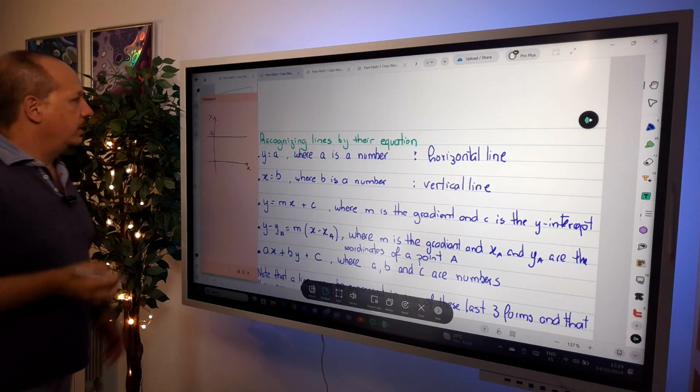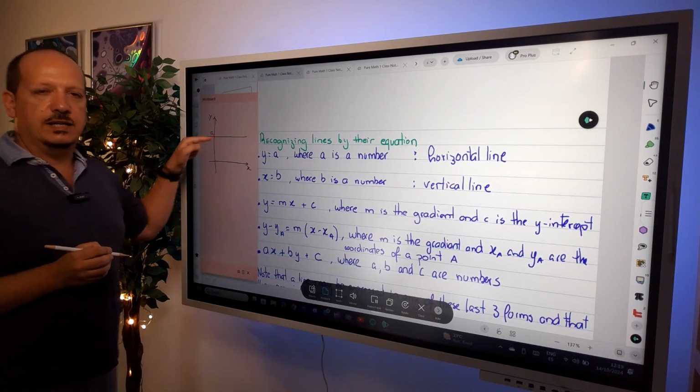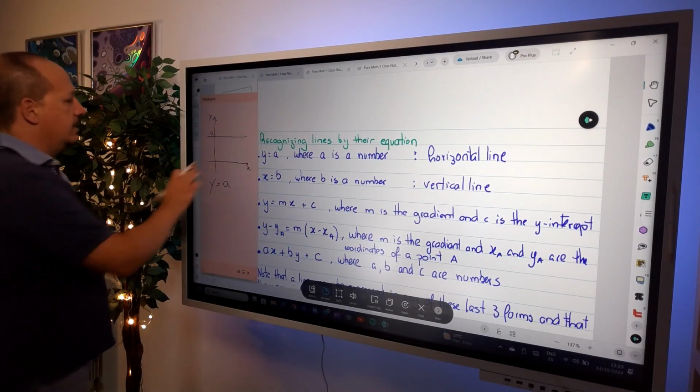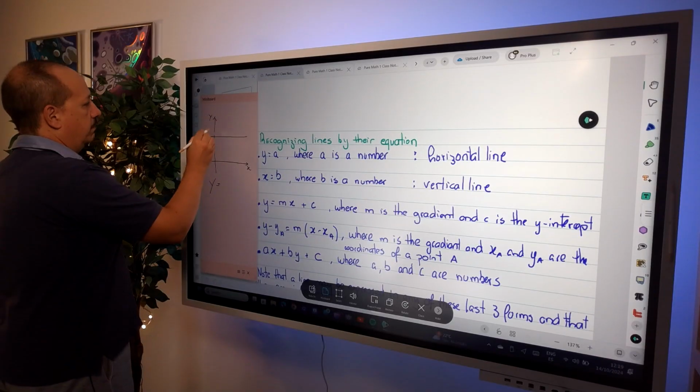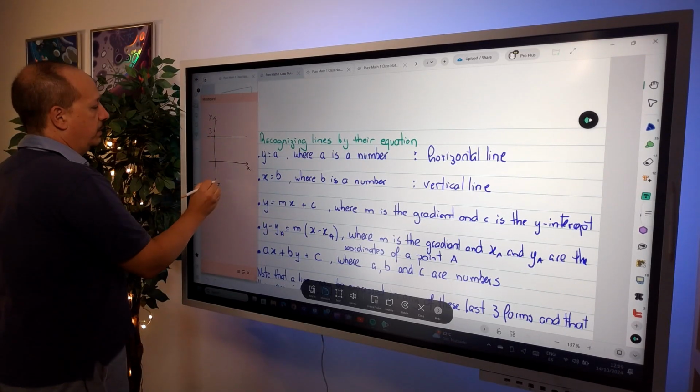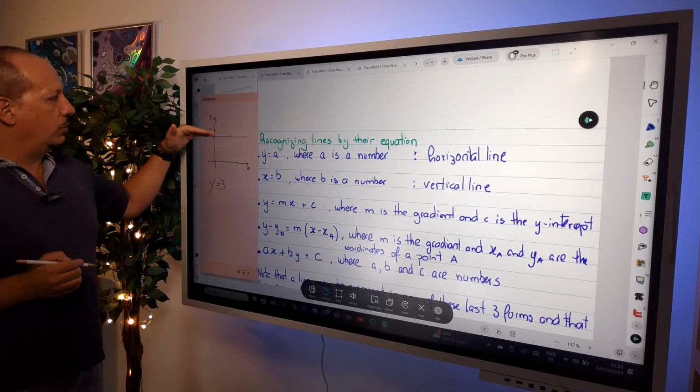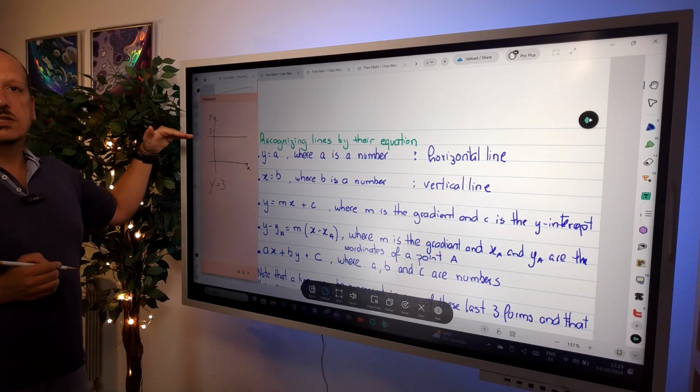Let's call it A. So how would you define this? This is completely defined if you write it like this, whatever this number is. So let's say it's 3. If you just write y equals 3, you'll know that this is going to be a straight horizontal line.